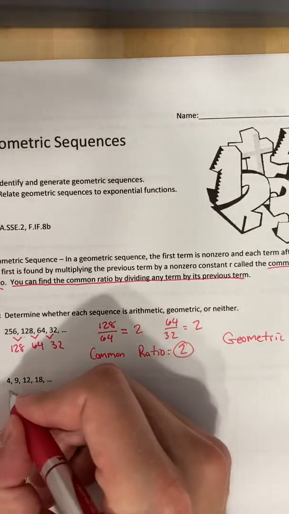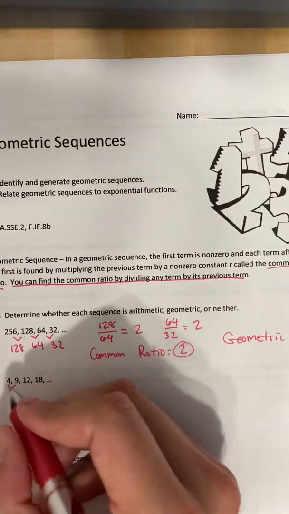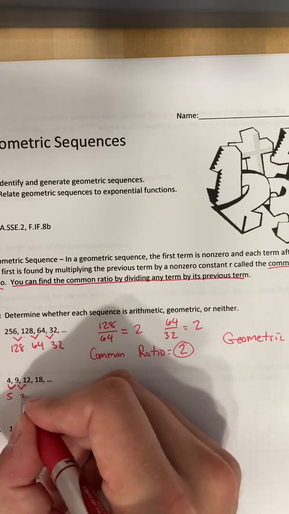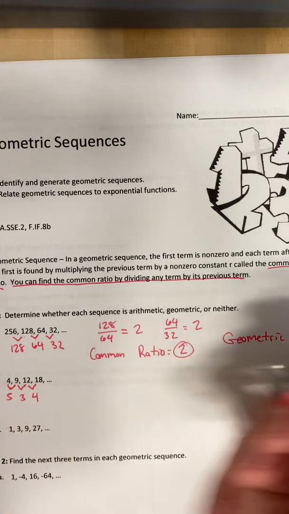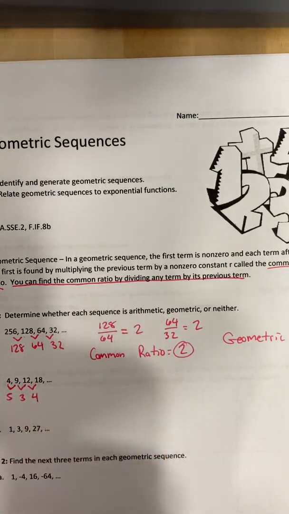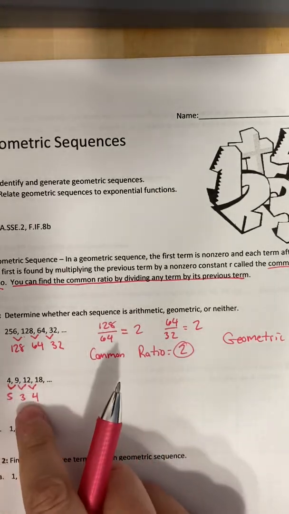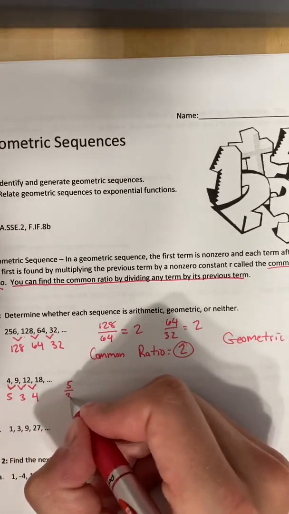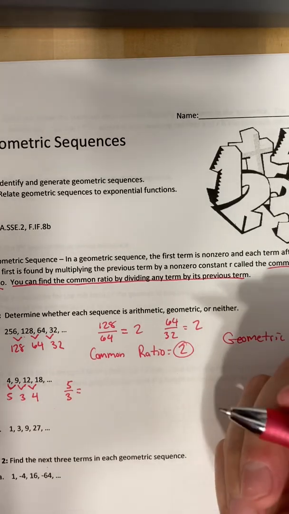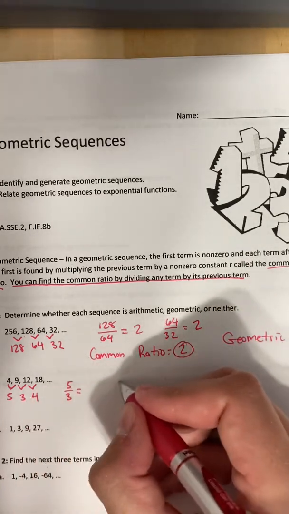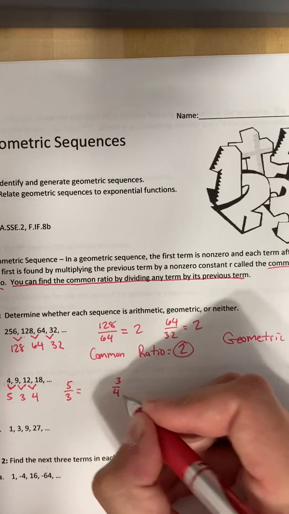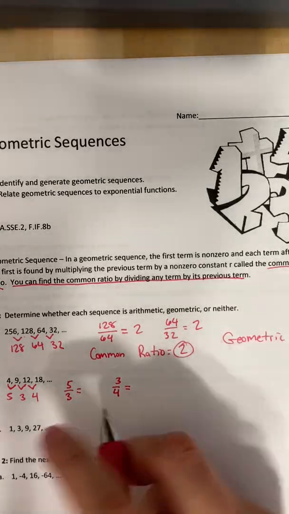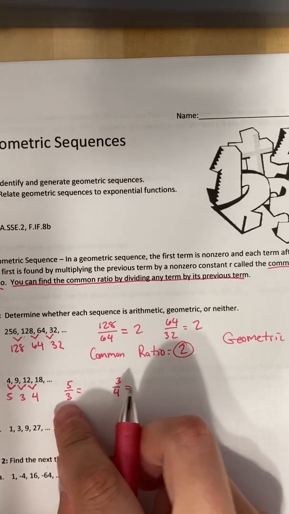You're going to do the same process. We're going to do the difference between these two. The difference here is 5. The difference here is 3. And the difference here is 4. We know it's not arithmetic because they're not all the same. Let's check and see if it's geometric. So we'll take 5 divided by 3, and we'll have to check 3 divided by 4. And right away, I can tell that these things aren't going to be the same, right? 5/3 is bigger than 3/4.